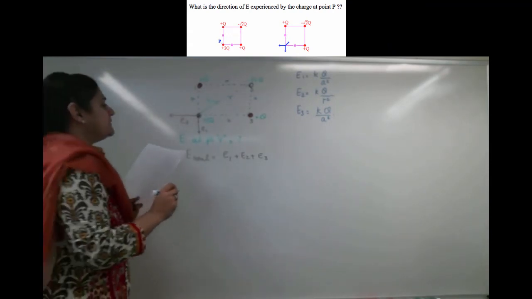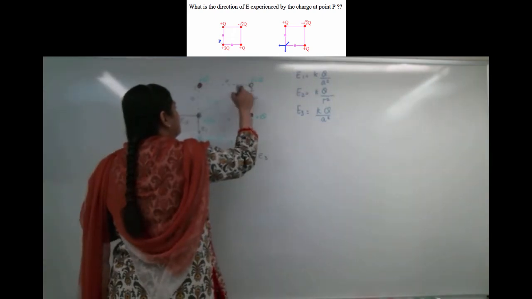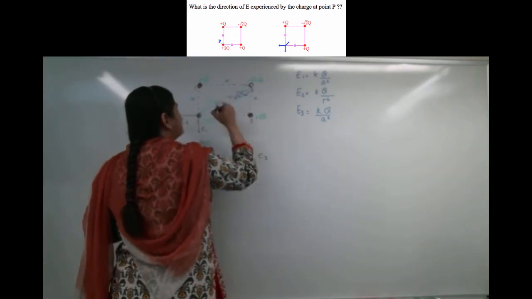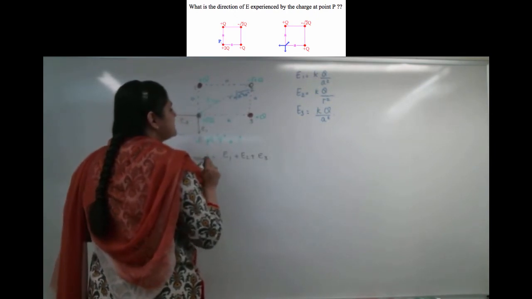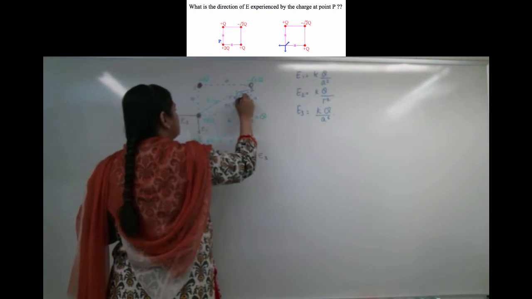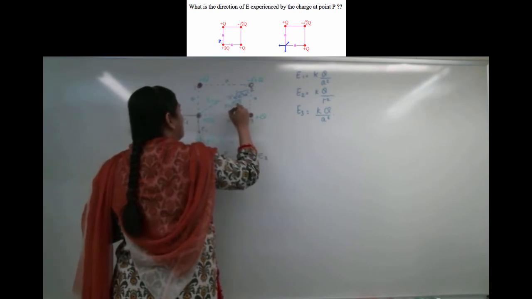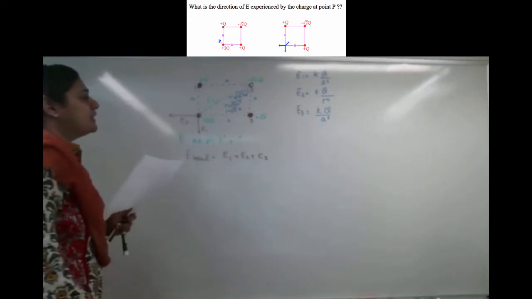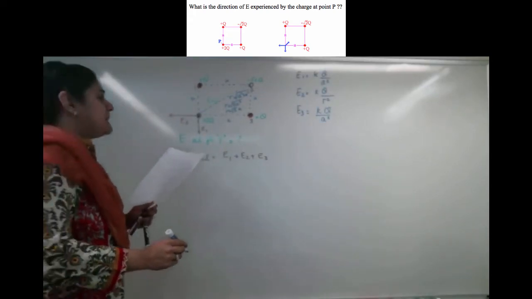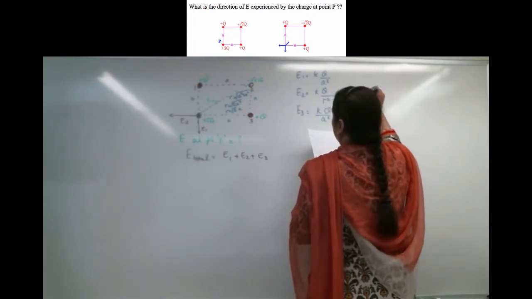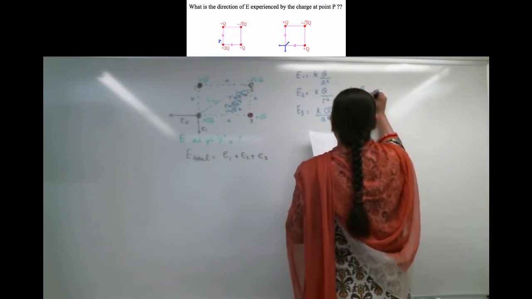Now what is R? R is nothing other than the square root of A squared plus A squared. Which means R is the square root of 2A squared, or square root of 2 times A. Good? The rest of them remain the same, except I get KQ over square root 2 A.